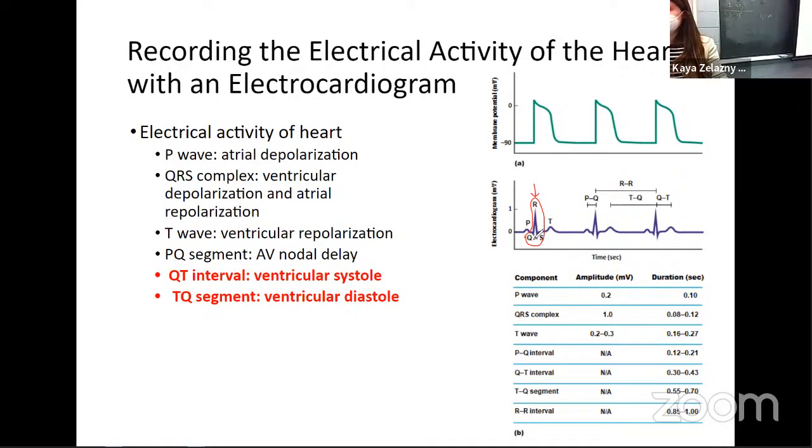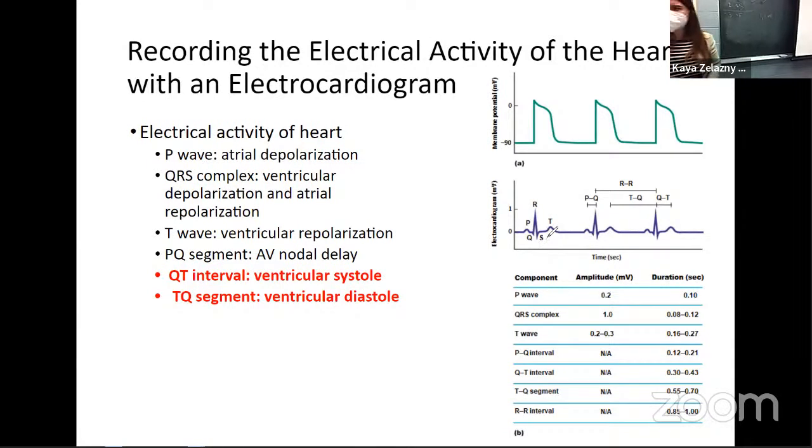So those little valleys are also because the atria are going down, they're beginning to repolarize. Okay? So during the QRS phase, we should see the atria kind of relaxing and the ventricles contracting. And then during our T wave, we have the ventricles repolarizing.